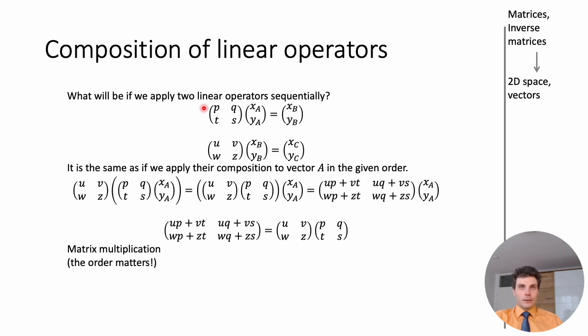If we have one transformation defined by the matrix P, Q, T, and S, and another one defined by the matrix U, V, W, and Z, then first we can apply the first transformation to the original vector by multiplying the matrix by this vector, and then we can subject the output of this transformation to the second transformation by multiplying the matrix associated with the second transformation to the output vector.